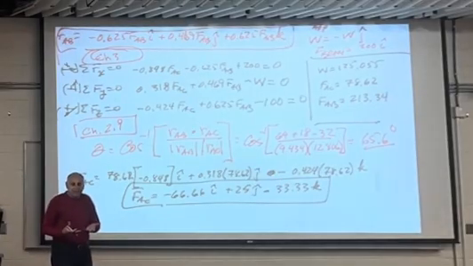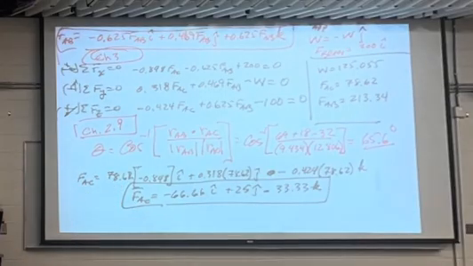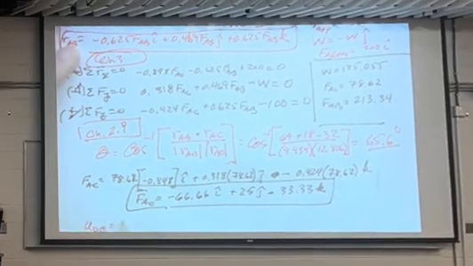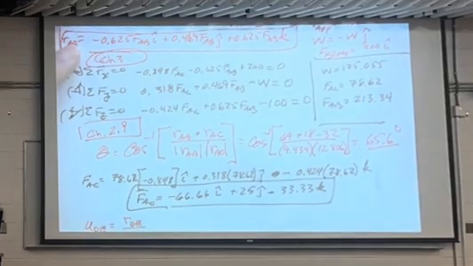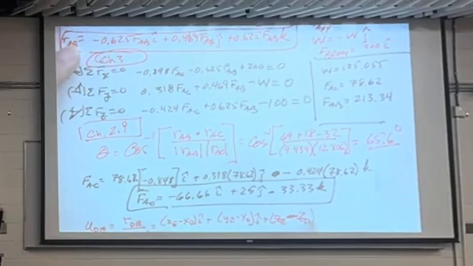What do I need for DE? I need the unit vector DE. Well, first I need to find the position vector. So the unit vector DE is equal to RDE divided by magnitude of DE. That's going to be XE minus XD I plus YE minus YD J plus ZE minus ZD K, and I'm going to divide that by the magnitude of RDE.